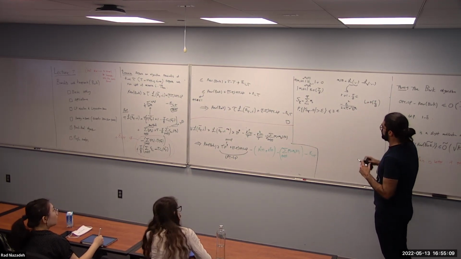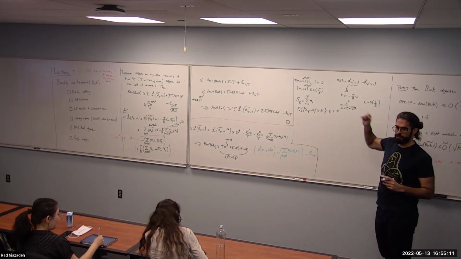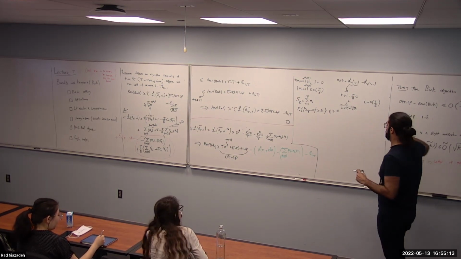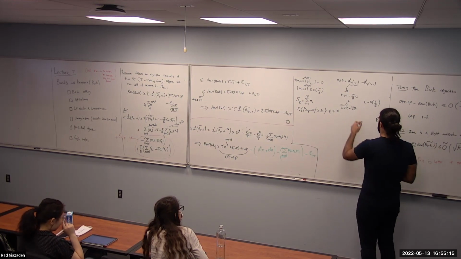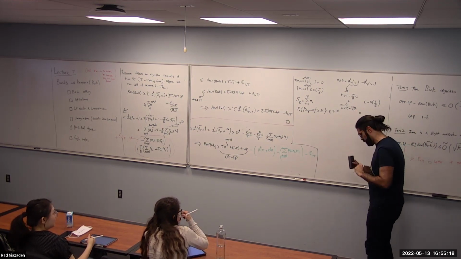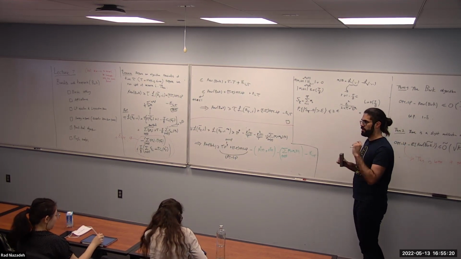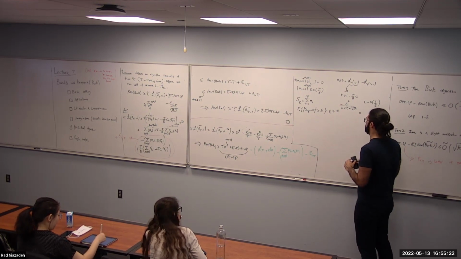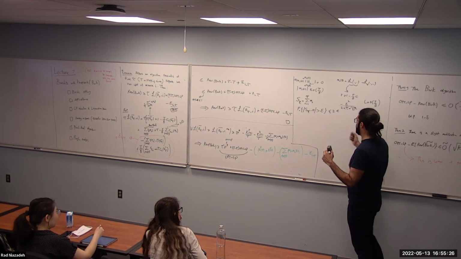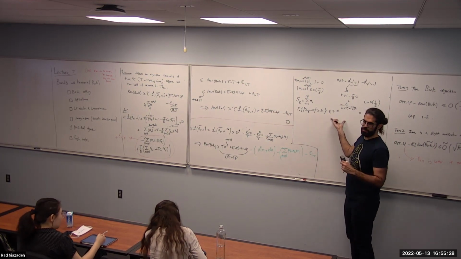So this is just for one choice of tau. Let's say I want the probability to be small so that I can eventually do a union bound over all possible taus, so that I can say with probability 1 minus delta, no matter what tau I have, this inequality holds.